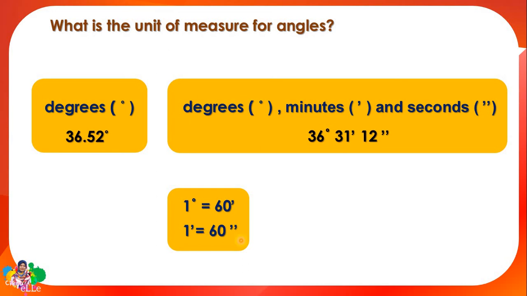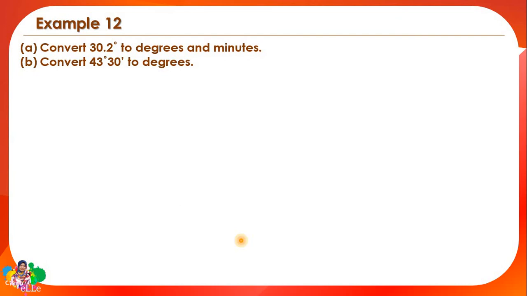Alright, let's look at example. Example 12, convert 30.2 degrees to degrees and minutes. How to show the calculation? Alright, you separate the whole number and the decimal number. 30 degrees plus 0.2 degrees. Then this 0.2 degrees you have to change into minutes. How to change this one into minutes?